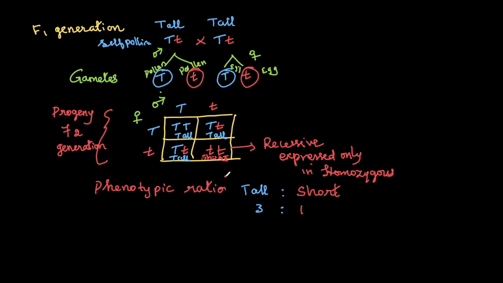So the phenotypic ratio of F2 generation is 3 is to 1. You can write the phenotype, it is tall and short.